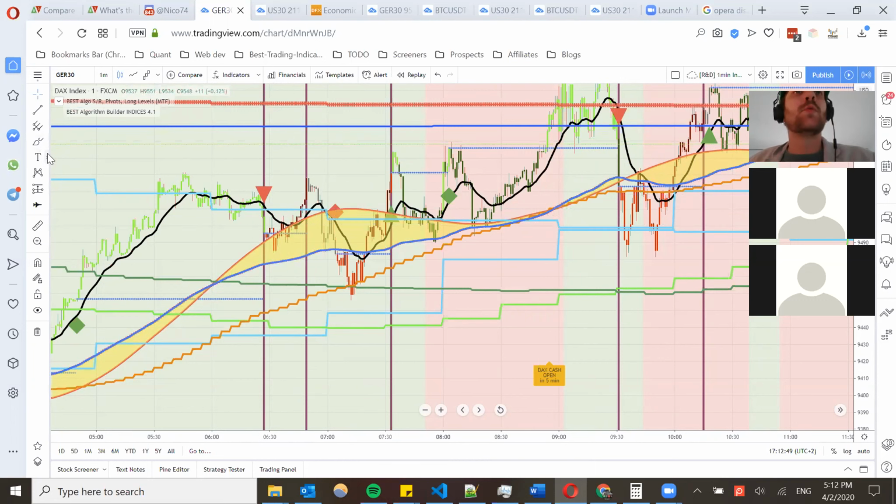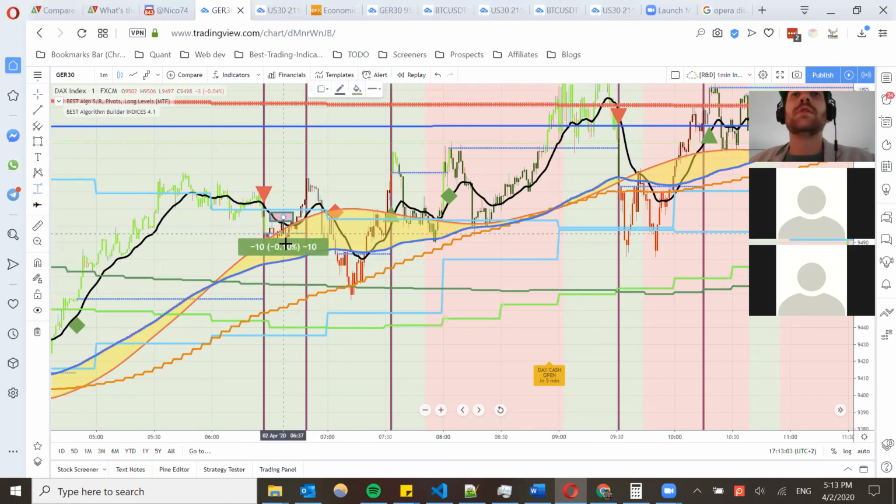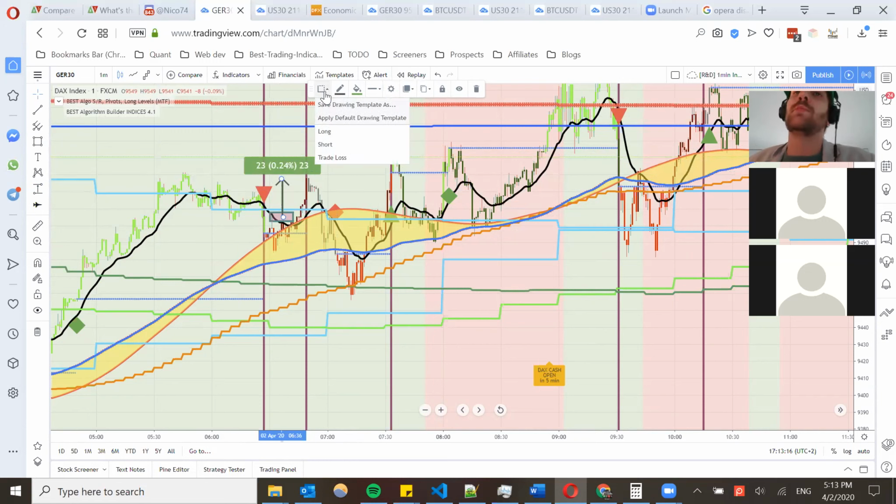So where I will enter, it's somewhere around here. And then in terms of profit, I will not personally take profit after certain pips. And then you will be with a loss of 23 pips plus spread.